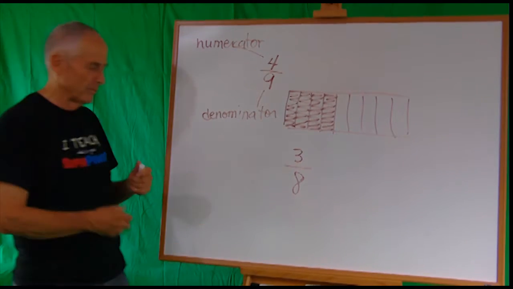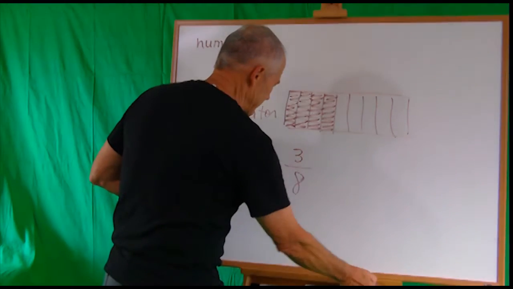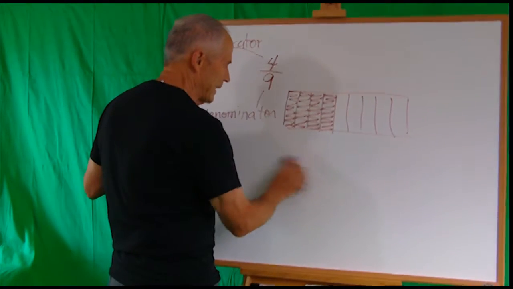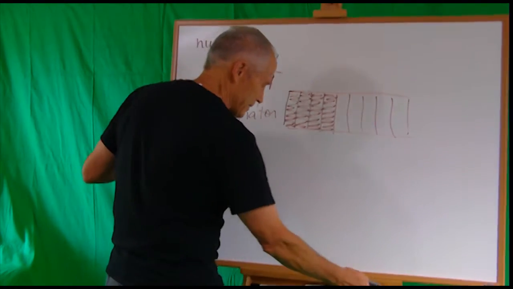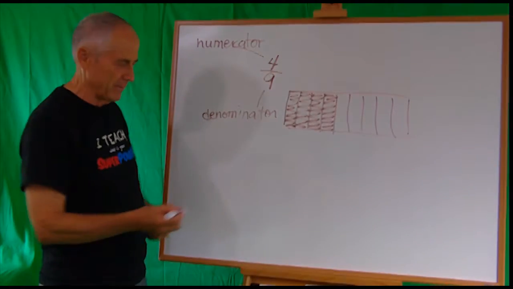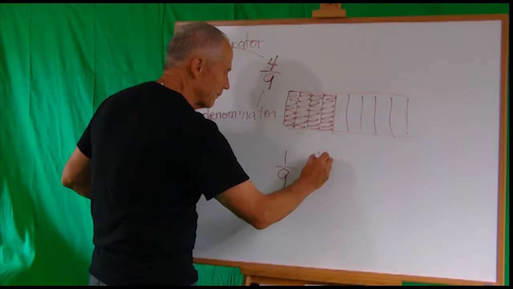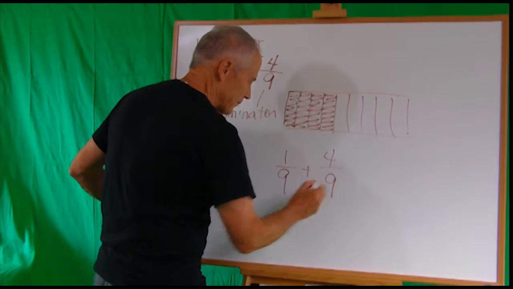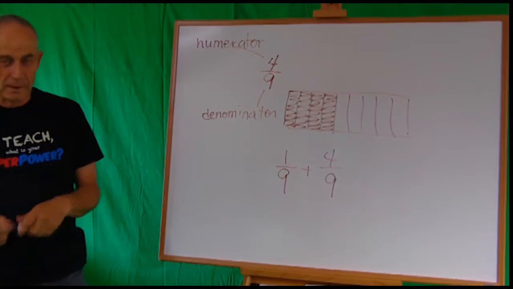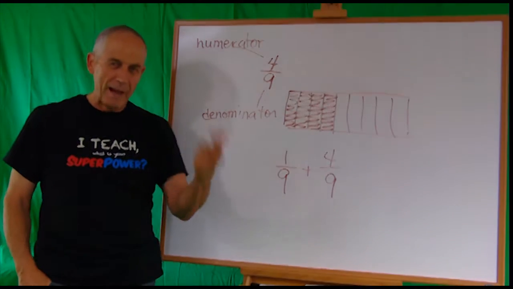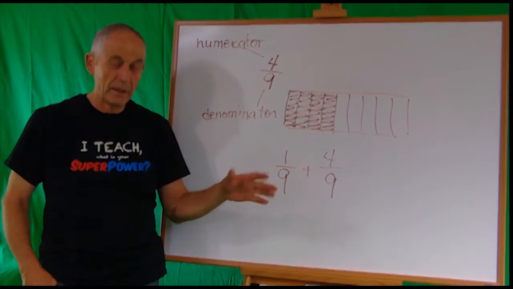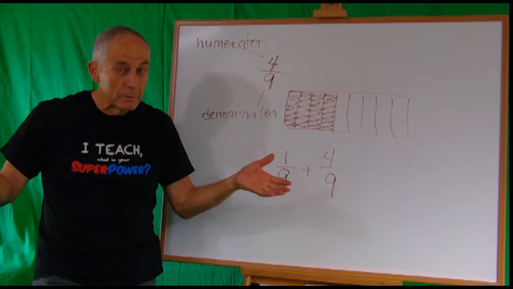Okay? Now, the first example that I'm going to give to you is when we add fractions that have the same denominator. For example, 1/9 plus 4/9. Now, first of all, when you add apples and apples, what do you get? Apples. Okay?